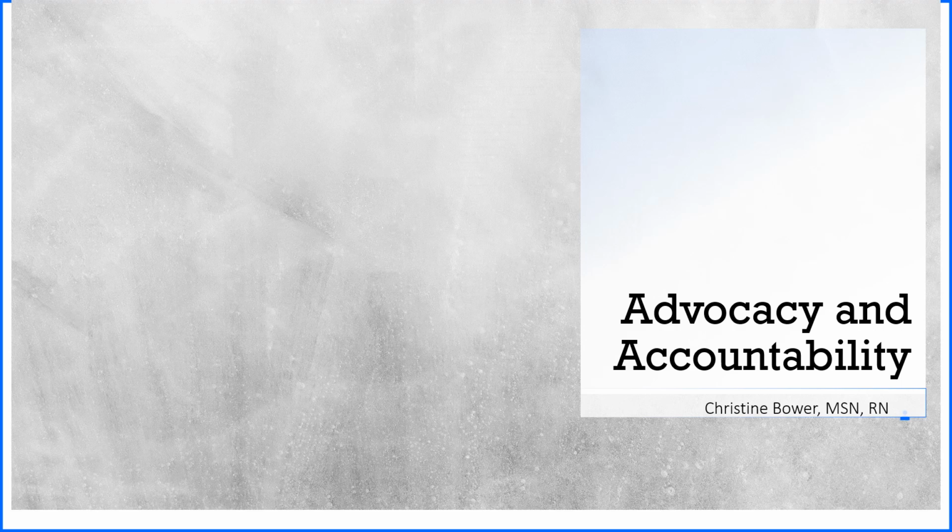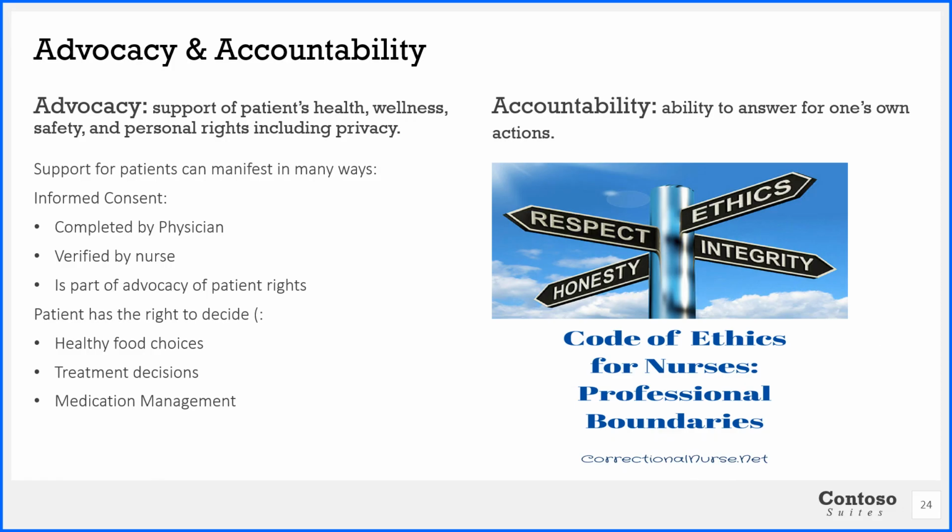Advocacy and accountability. So what does this mean for Mr. Jones? He has decided that he wants his advance directives. We're going to support that patient's decision, but his wife doesn't really appreciate it, and she just doesn't understand why he wouldn't want a feeding tube.